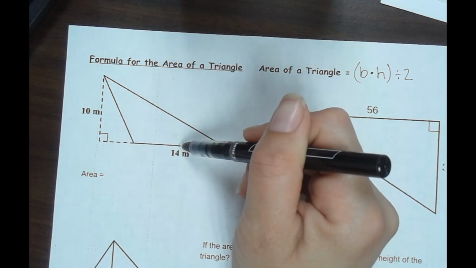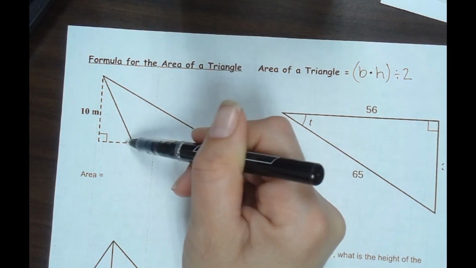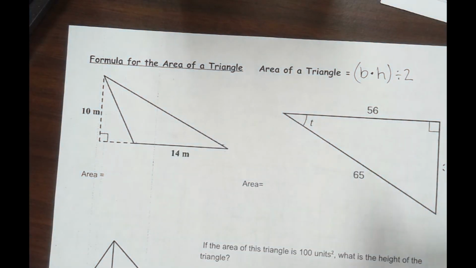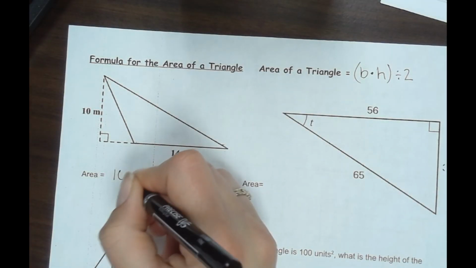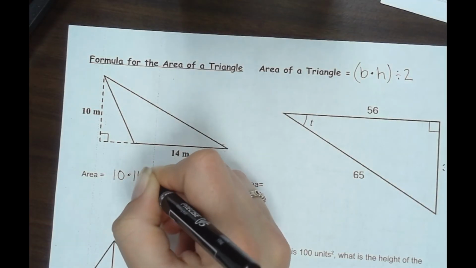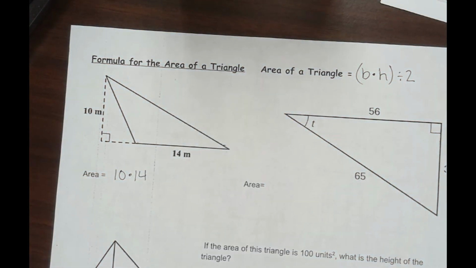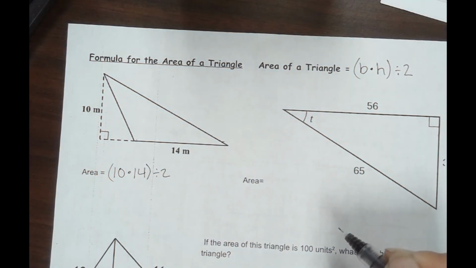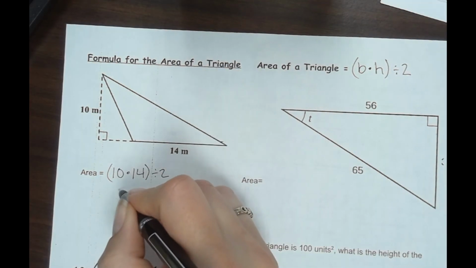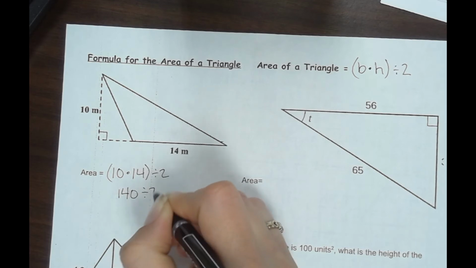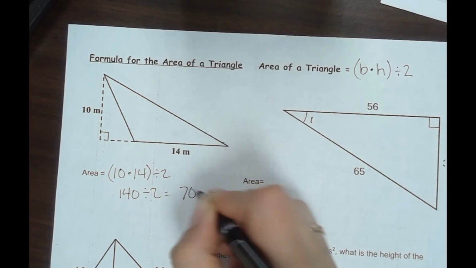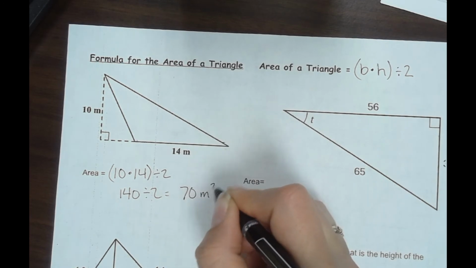That's because I couldn't draw a right angle going up to the top, so they drag that out here so that you can see that right angle. With the ground, it's 10 units tall. So base times height, 14 times 10, and then we're going to divide that by 2. 14 times 10 is 140, and 140 divided by 2 gives me an area of 70, and in this case it's meters squared.